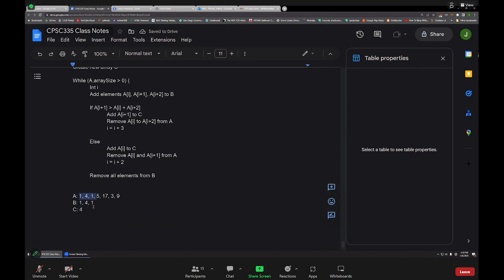We get rid of these from A, and we get rid of these from B, and then we start over with these three terms. So let's see, oh, sorry, we actually copy them based on the logic I'm using. And this one, once again, it's 17. So we get rid of those three, and we're left with just the 9.